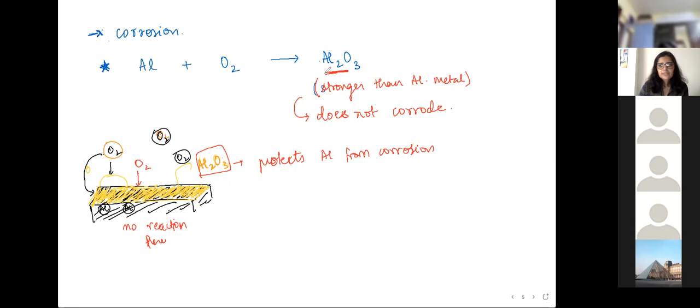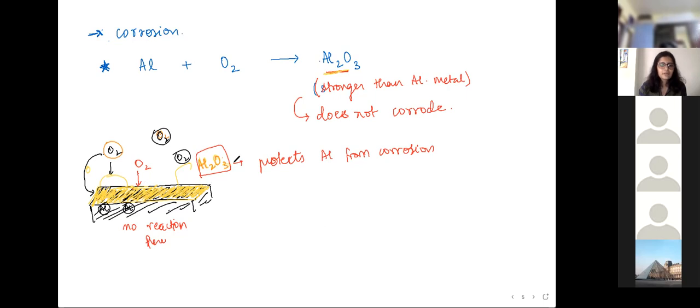But aluminium oxide's special property is that it is stronger than aluminium metal. Like when iron rusts, I don't know if you observed, but you take a sandpaper or something and rub it, and the rust comes off. Then again, fresh iron is exposed, that reacts with oxygen, that gets rusted, and then it becomes powdery and falls off, right? That does not happen with aluminium oxide. It is strong enough that it forms a protective layer on the surface of aluminium.